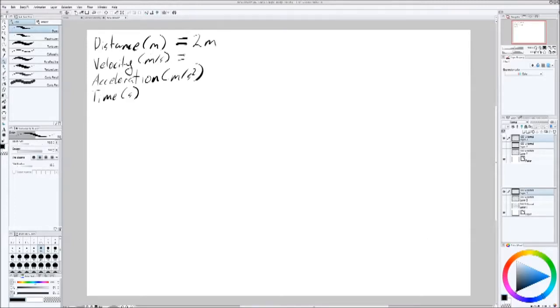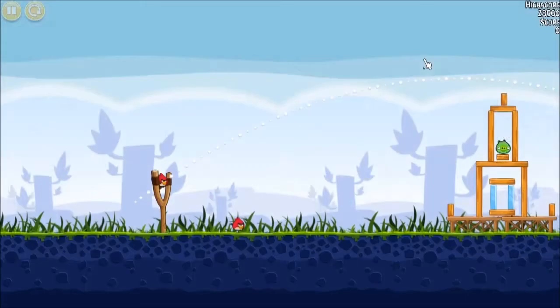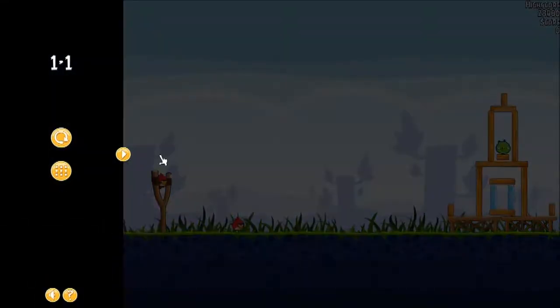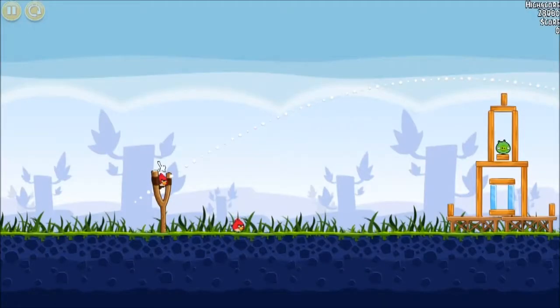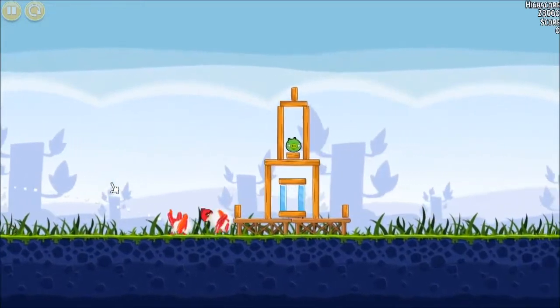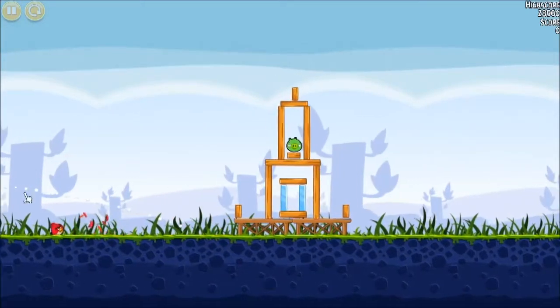So the other thing we can probably measure is how long it takes to move from point A to point B. So if we go back again, we can record how much time it takes. So I'm just going to use the old 1/1000, 2/1000 because we're not going to need to be too accurate with this. But let's just fire it dead straight, and we'll see. 1/1000, so it's about 1 second before it gets there.